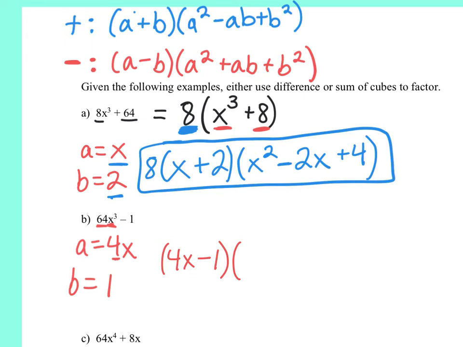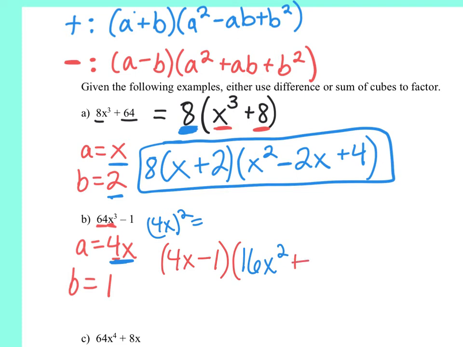Okay, so when we do that, hold on, we've got to square this whole term. So 4x squared. What is 4x times 4x? 16x squared is what we're going to have right there. Okay, so make sure you square both the number and the variable.